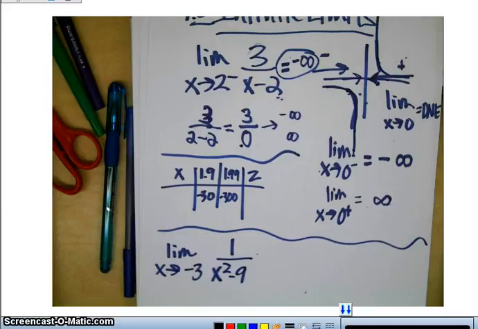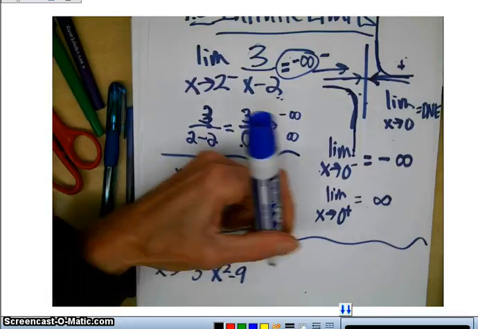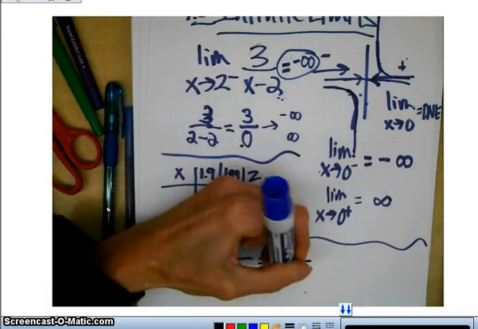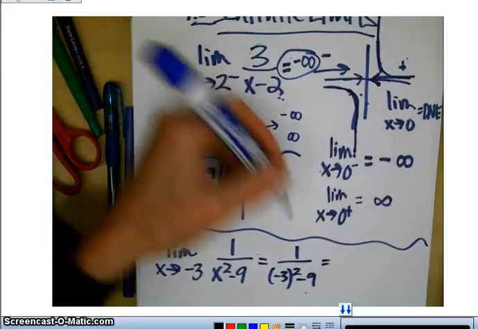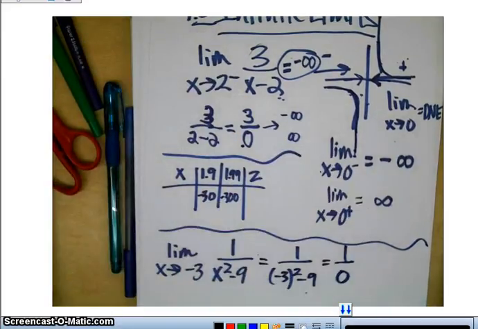What's the first thing you're going to try to find that limit? Plug in negative 3, okay? And what do you get? You get 1 over 0, okay? So now what should you do?